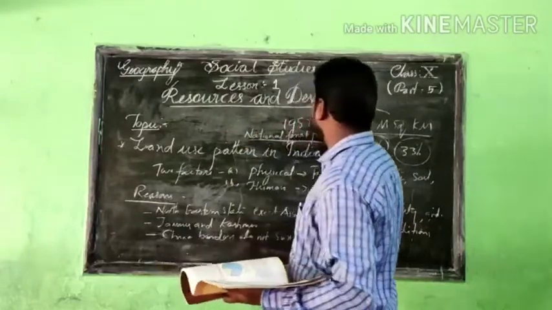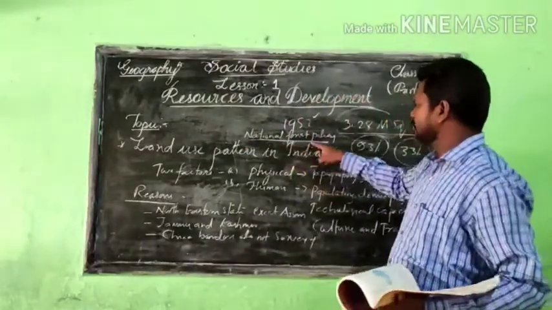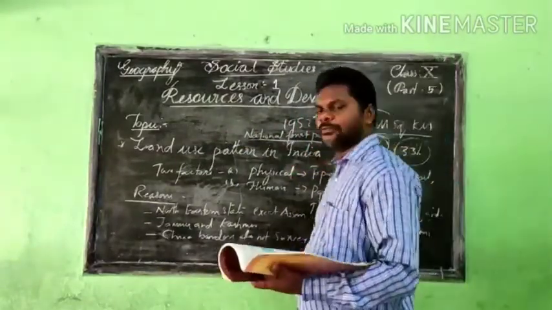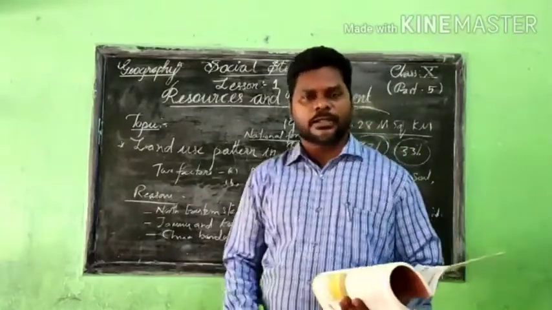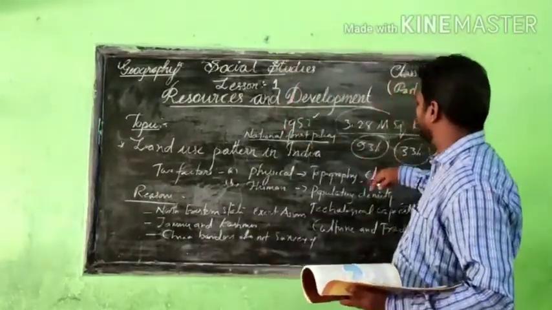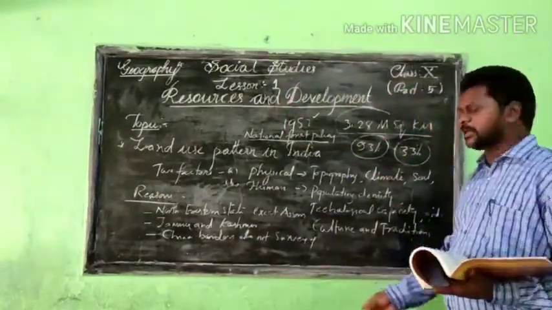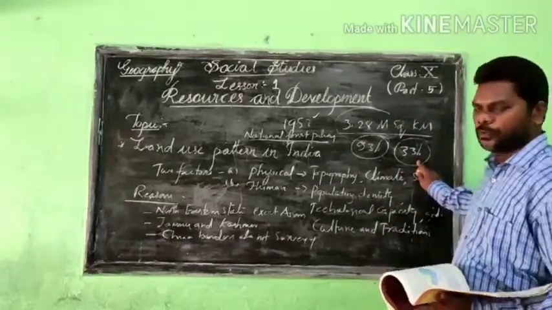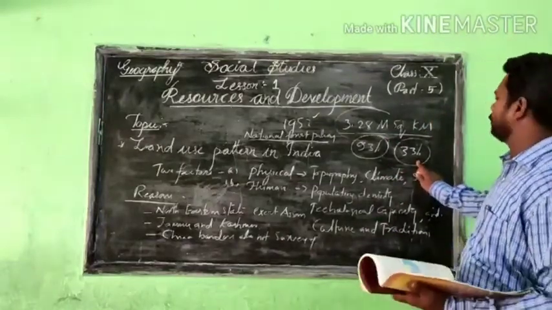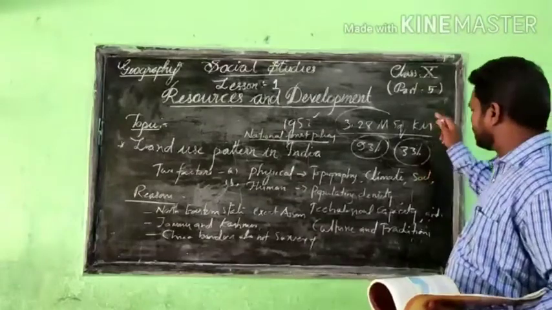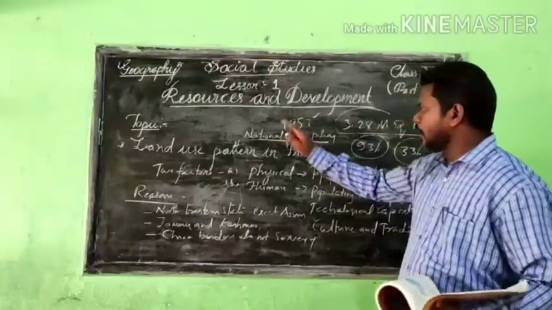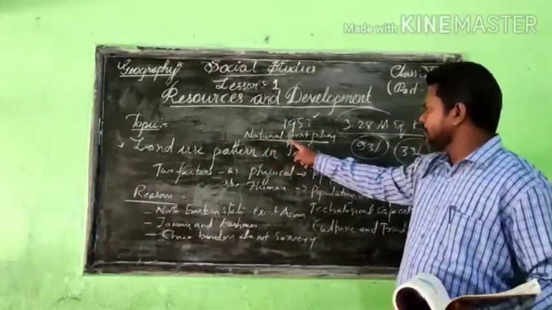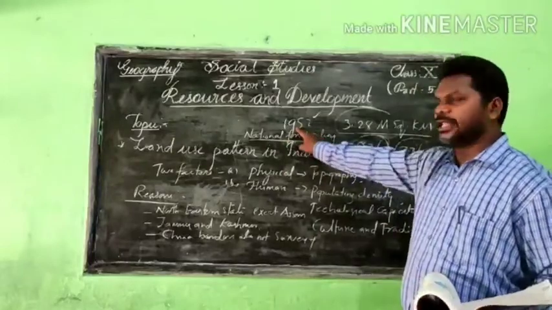Maybe in 1952 there was a National Forest Policy. They surveyed everything, and according to their survey, the forest had decreased, because we expect more than 33% of the forest for wildlife and even for resources, but the land decreased according to the survey of the National Forest Policy of 1952.